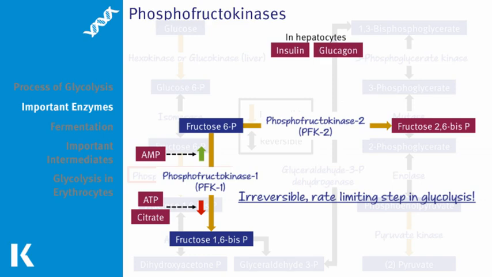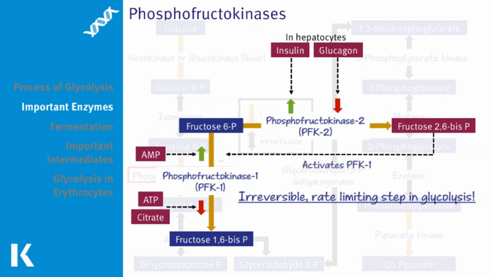When fructose 2,6-bisphosphate is made by PFK2 in response to rising insulin levels, it will also activate PFK1, regardless of ATP levels already present. So, it can be seen that glycolysis imposes two controls on PFK1 to make sure that the cycle is churning as new glucose is brought in.